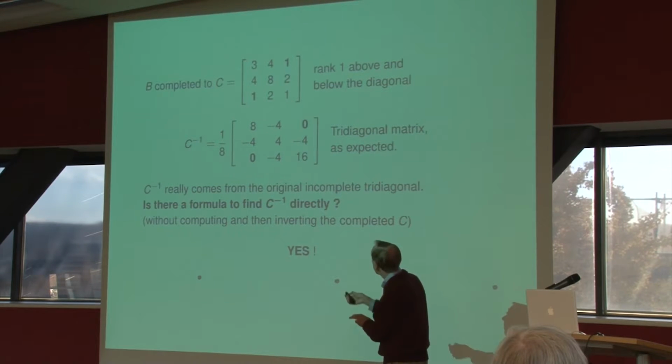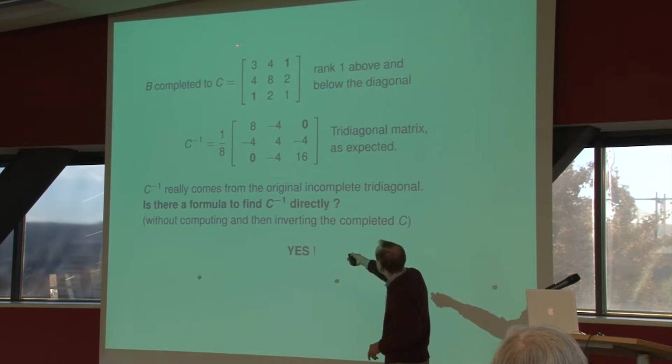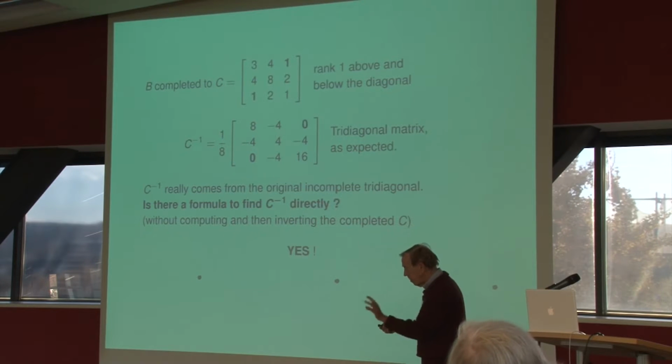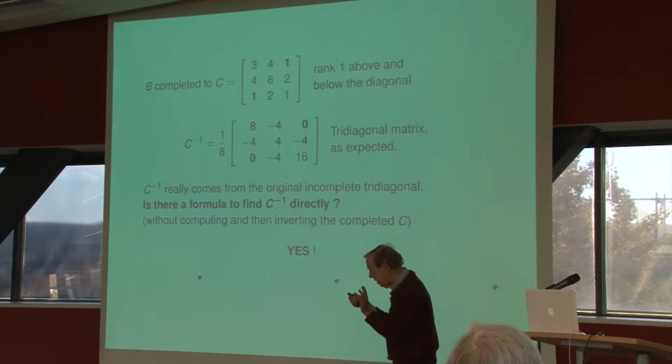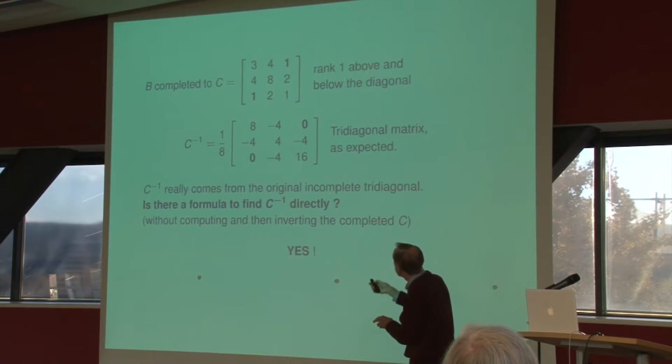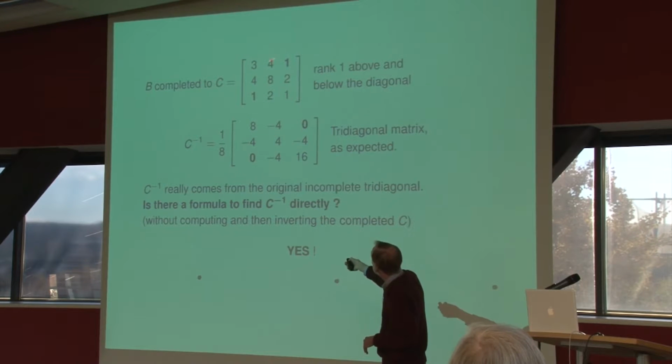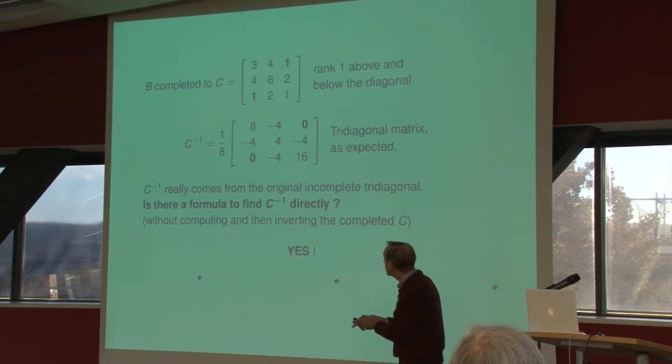So here's the formula. Take the 2 by 2 submatrix there, invert it. Take the other 2 by 2 submatrix there, invert it. So those fit into the inverse matrix. And then you have to subtract the overlap, which is just the 1 by 1 matrix 8.